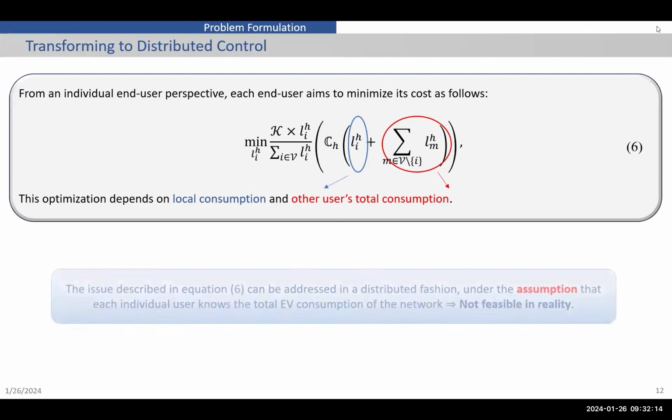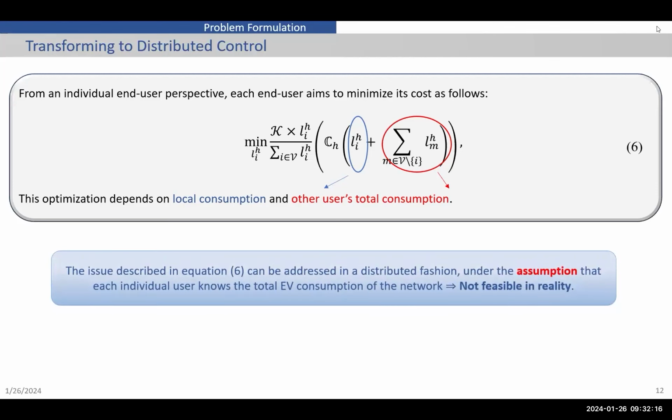And this is information that's not feasible in reality. We cannot share this type of information. Each individual user cannot know the other users' information, the other users' total consumption. Okay. So there is some research that tries to solve this problem, for example with game theory or other optimization techniques. But here we want to relax this assumption by using reinforcement learning.